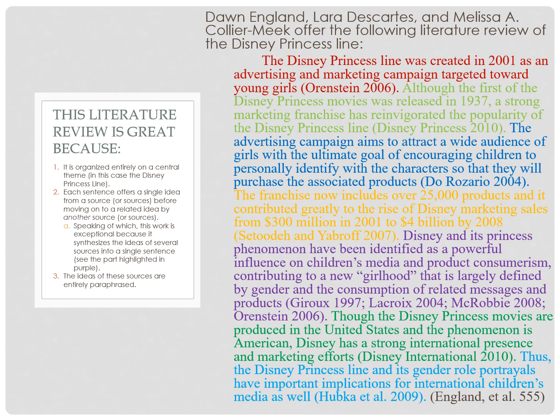It all sounds the same, even though every single sentence is coming from a different source. Well, Orenstein gets repeated twice, but ignoring that, everything is coming from a different source. Because they're paraphrased by England, Descartes, and Collier-Meek, it all sounds like the same unified voice. That is perfect. That is exactly what I wish you would do. That is what I want to see from you.